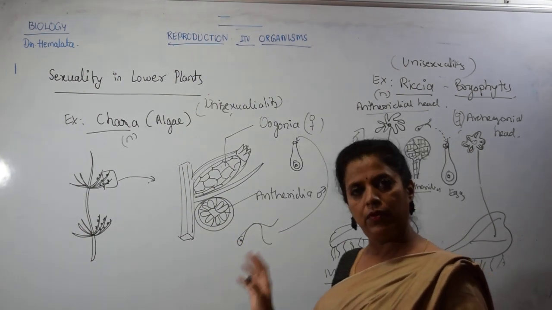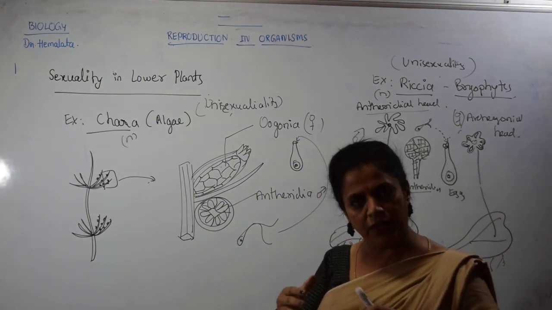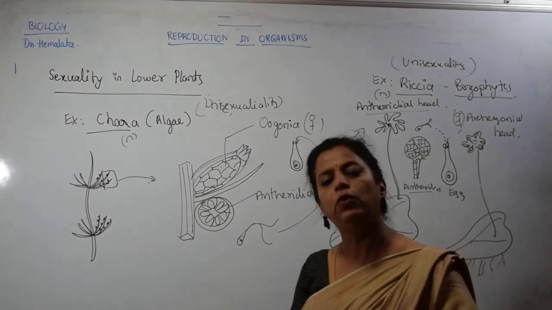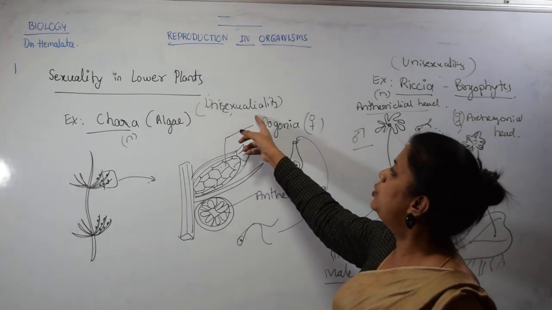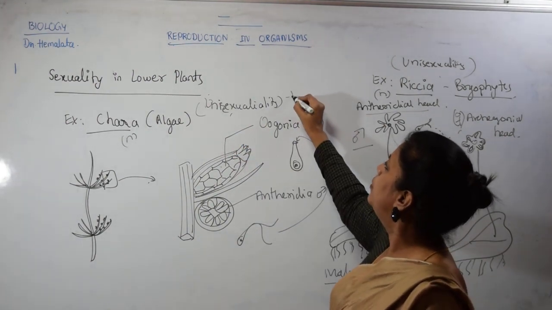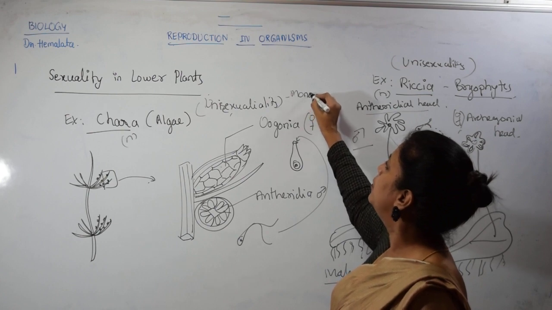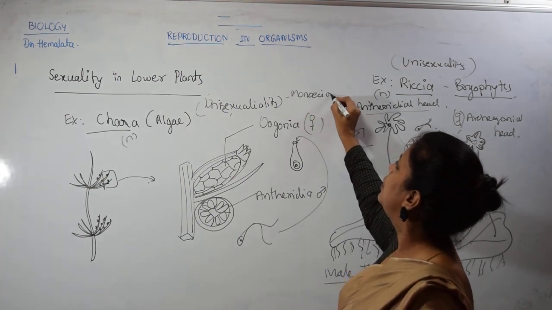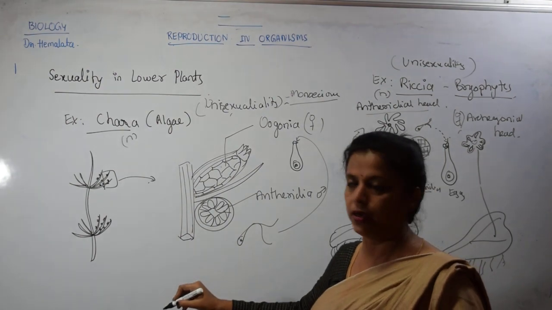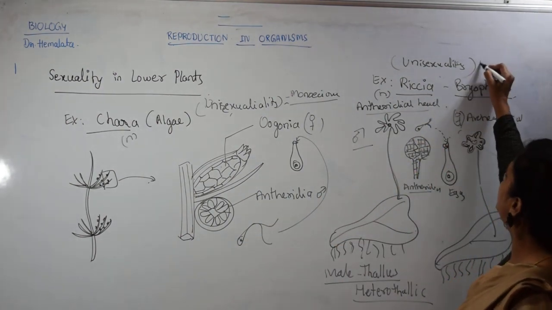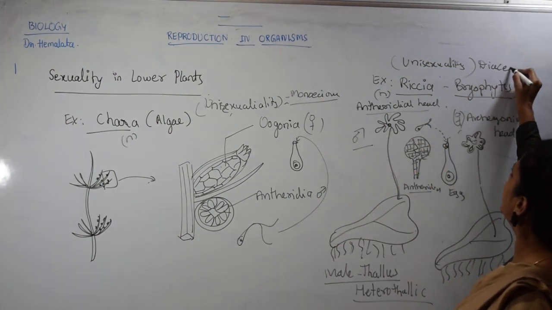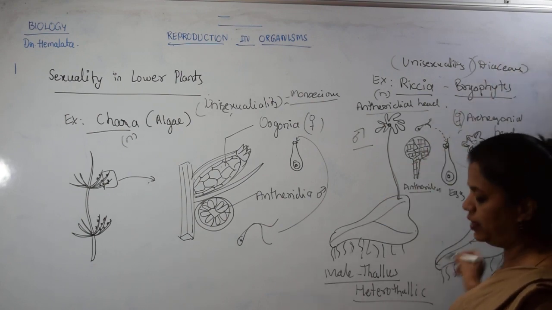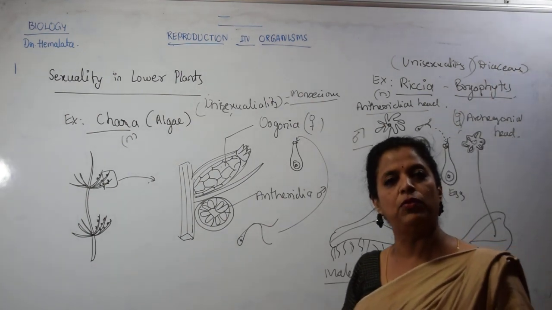They are on the same plant, but found in different parts. One is up, one is down. It is unisexual, but it shows a monoecious character, monoecious because they grow on the same plant. Here they are unisexual, but they show a dioecious character. They grow separately. There is sexual dimorphism observed.